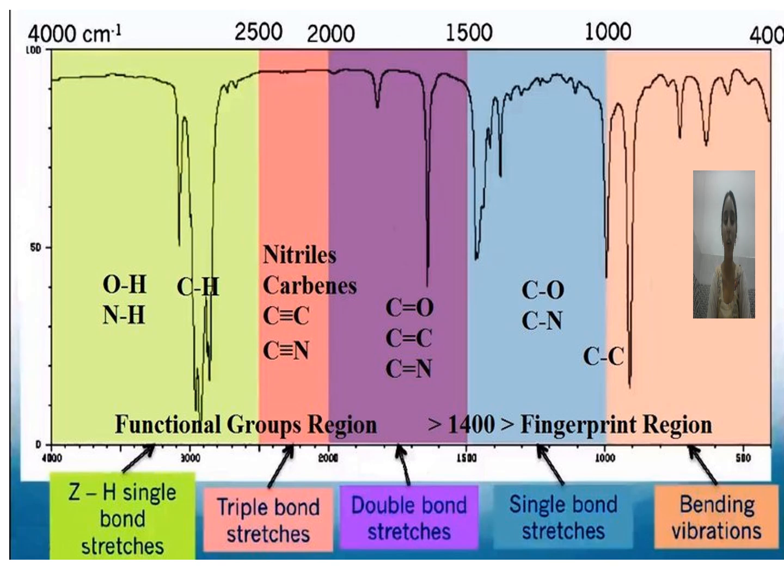Now, the IR spectrum is mainly divided into two regions: the functional group region and the fingerprint region.